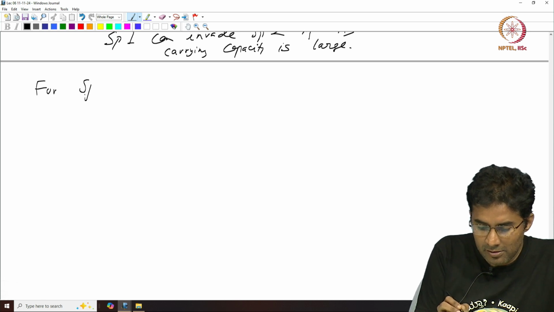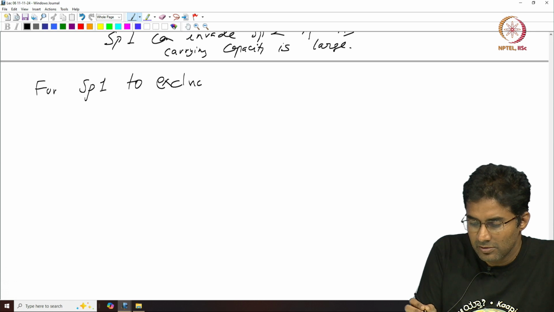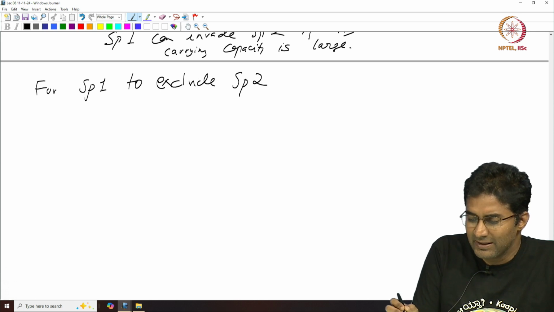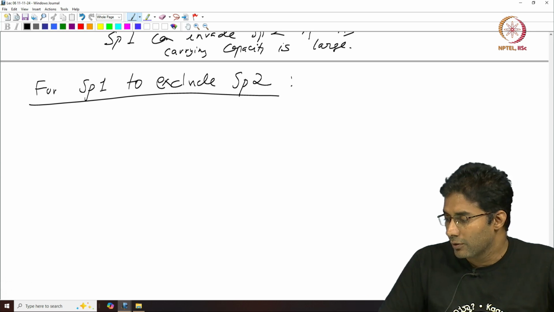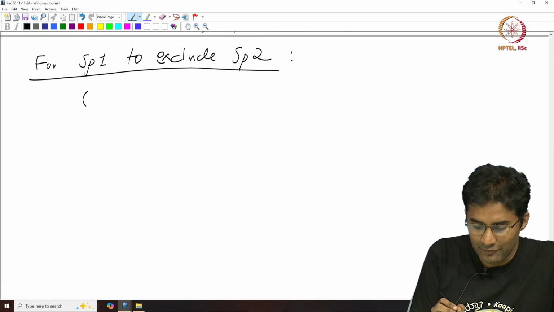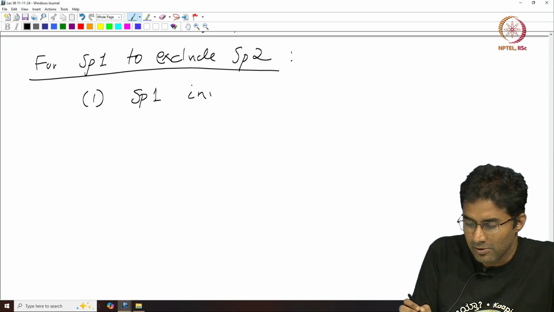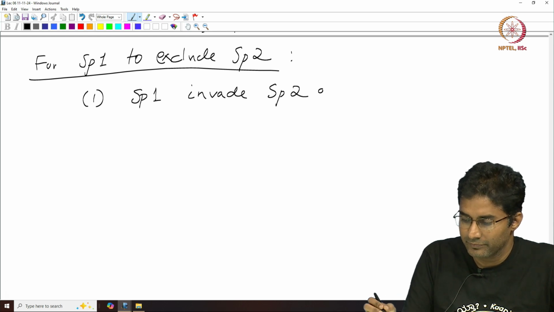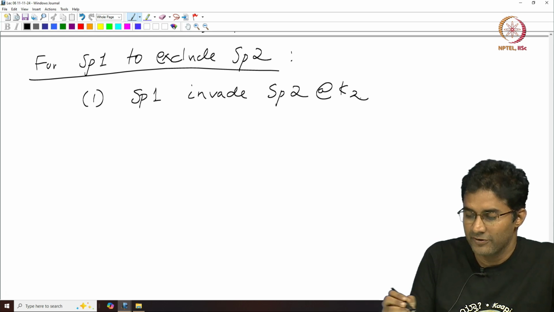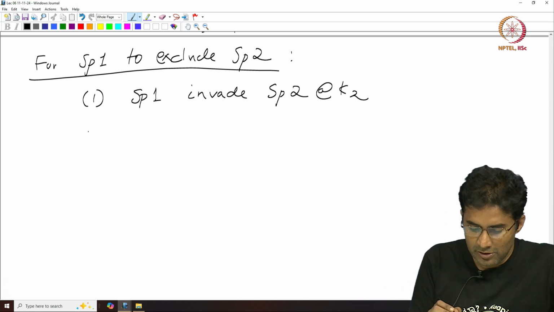For species 1 to competitively exclude species 2, when I say exclude, what I really mean is competitively exclude, we need two conditions. One, species 1 must be able to invade species 2 when species 2 is at its carrying capacity, which I am writing using the shorthand of sp2 at K2.